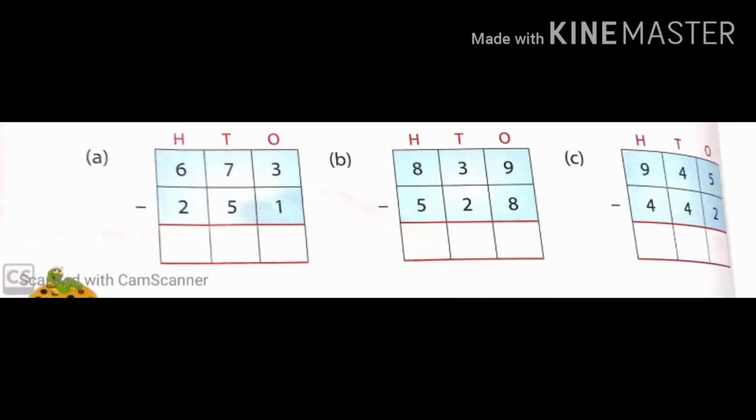Exercise 2. Subtract the numbers. 673 minus 251. 839 minus 528. 945 minus 442.